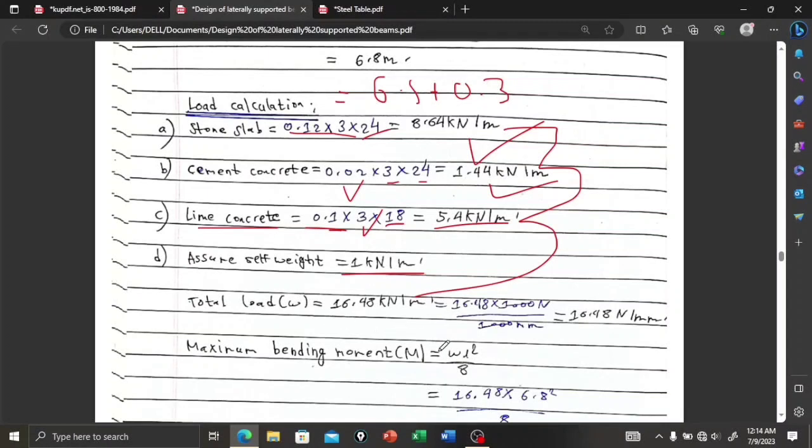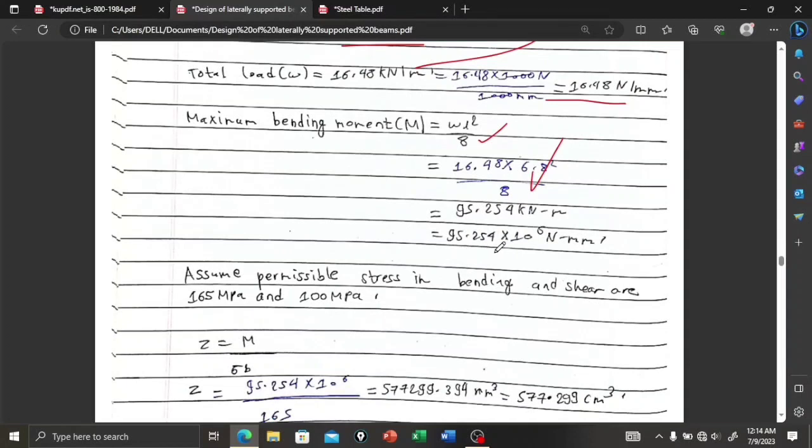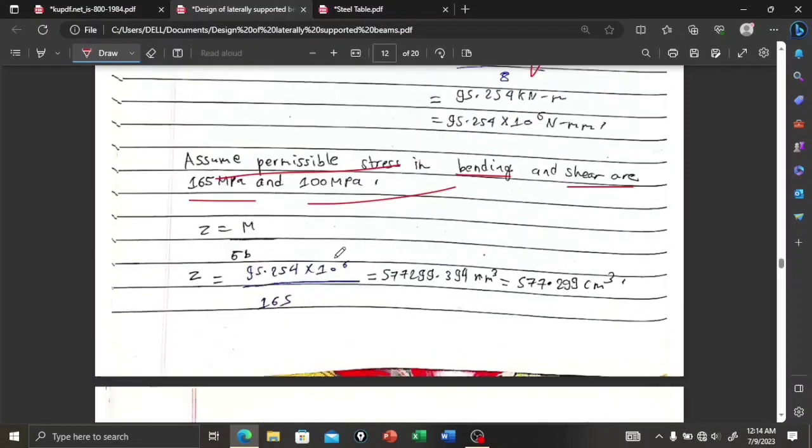Maximum bending moment is WL square by 8. W is 16.48, L is 6.8, square by 8, it is 95.254 into 10 power 6 Newton mm. Permissible stress in bending is 165 and shear is 100. We assume Z is M by sigma b.